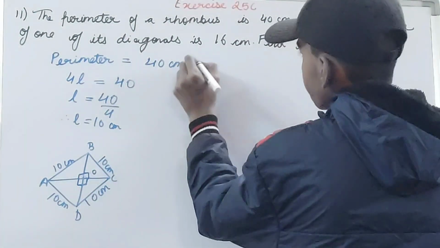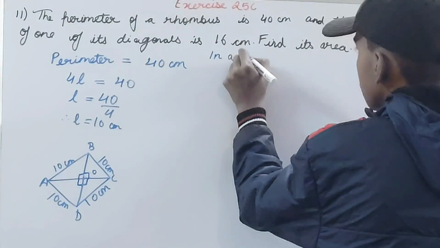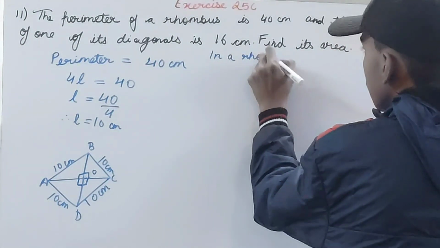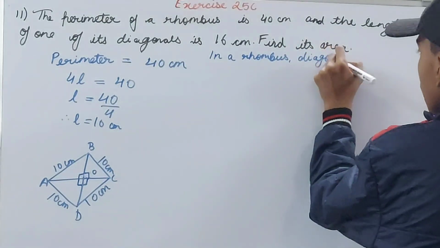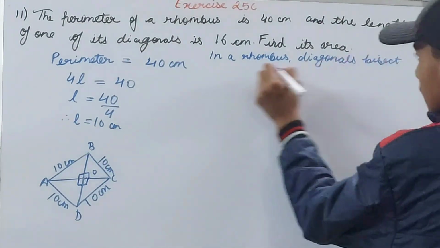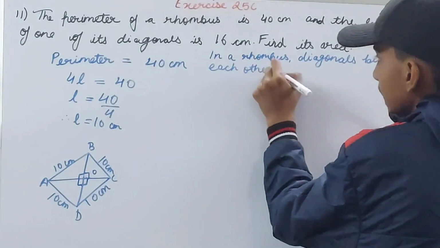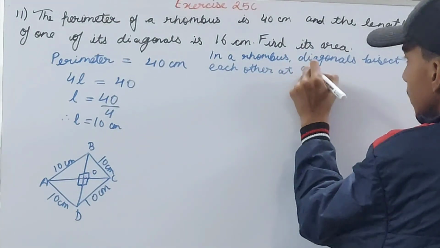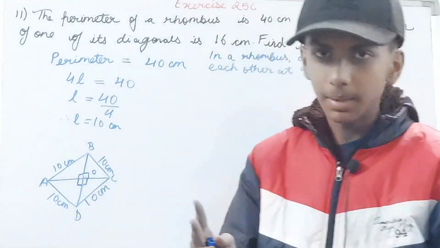Let's write this down. In a rhombus, the diagonals bisect each other at 90 degrees. Bisect means that they divide it into two equal parts, one part here, one part here, same length.